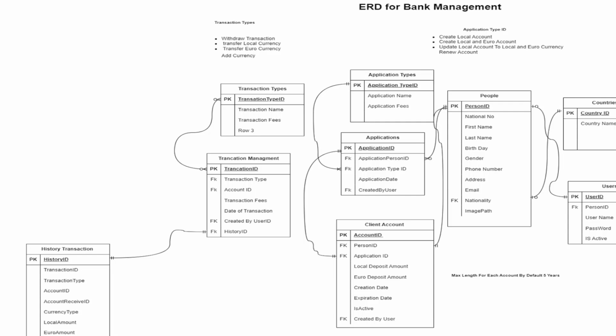So if A will send B a local amount, the program will save the ID of A and the ID of B, and which currency is sent and how much. This will all be saved in history transaction.